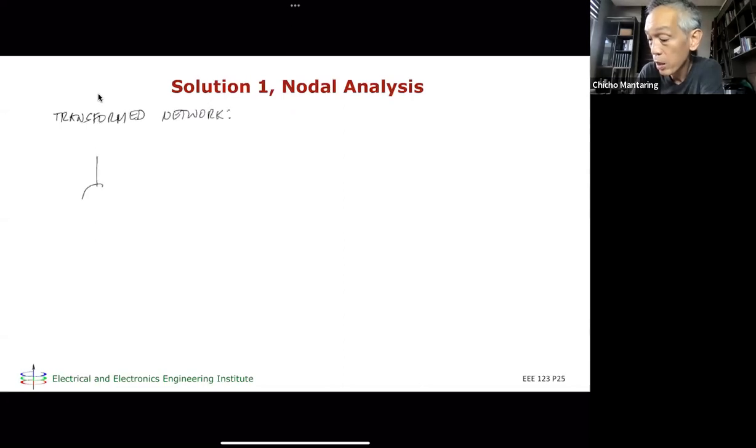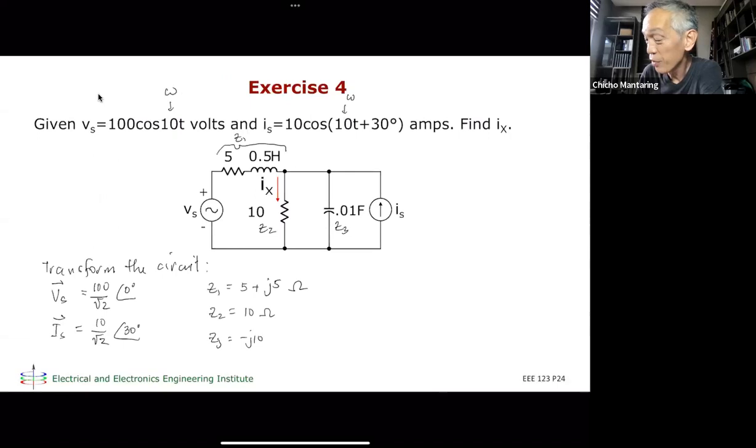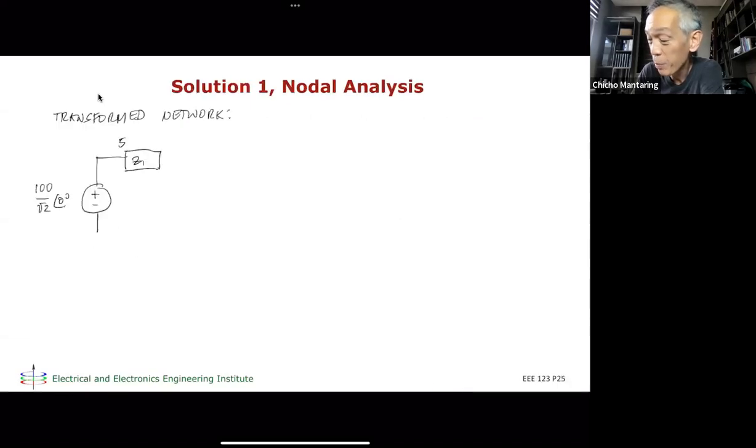Okay, meron tayong 100 over square root of 2 at an angle 0 degrees. Ito yung Z1, which is 5 plus J5. No? This is 5 plus J5. Ito yung Z2, which is 10.